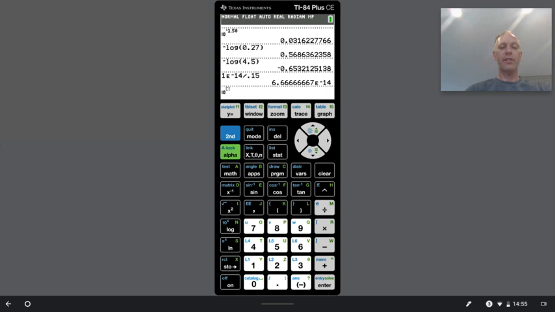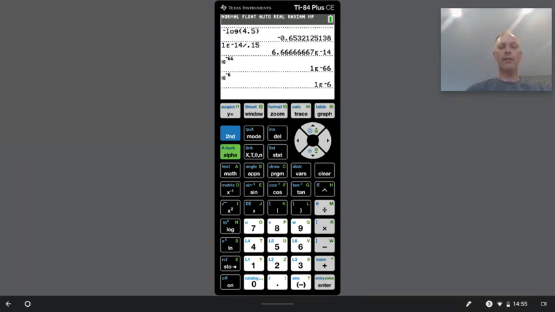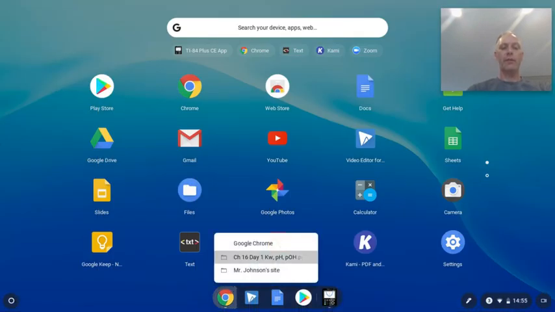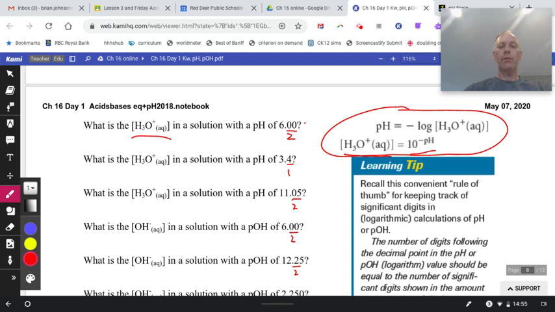So it was a pH of 6, 10 to the negative 6. Enter. Oh, I did 66. Let's try that again. Second log negative 6. Enter. 1 times 10 to the negative 6. So in my calculator, 10 to the negative 6 becomes 1.0 times 10 to the negative 6.